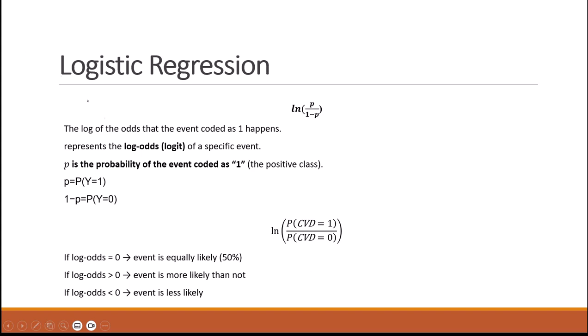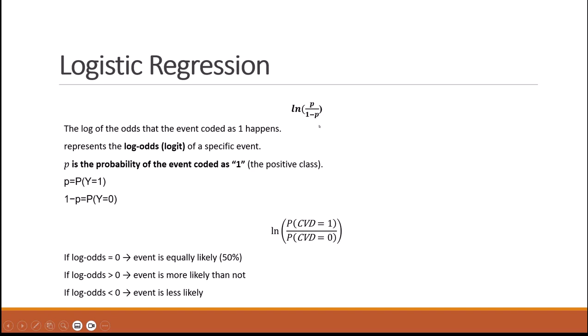The log odds ratio, or logit, of a specific event is calculated by ln of p divided by 1 minus p, where p is the probability of the event coded as 1, and 1 minus p is the probability of the complementary event.